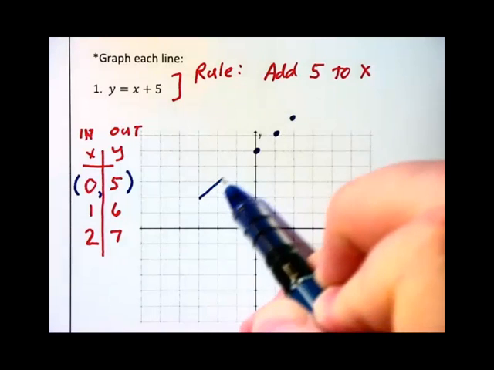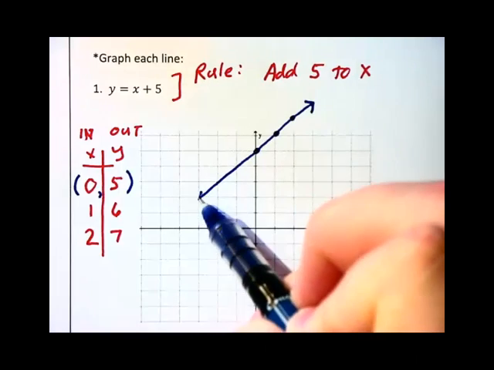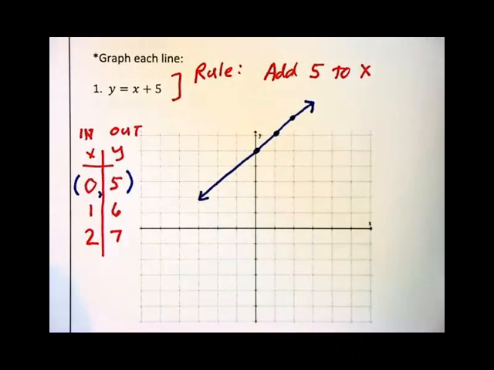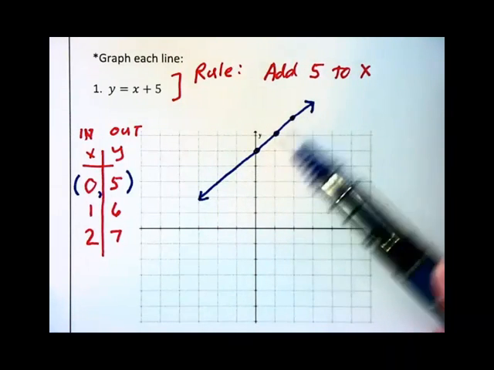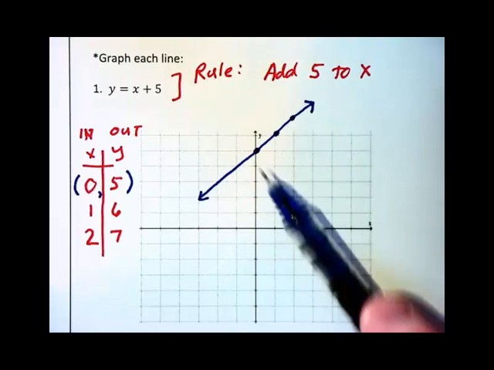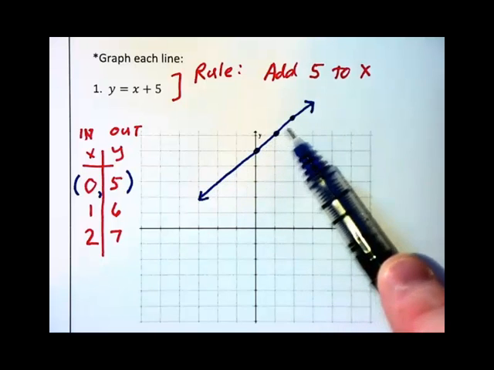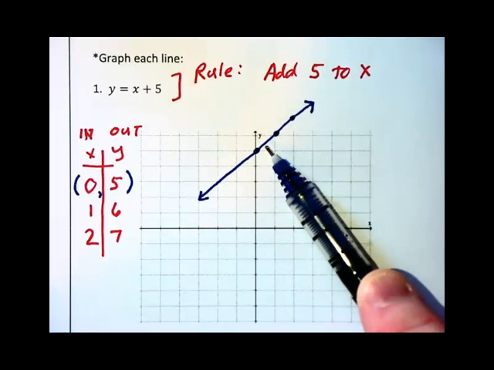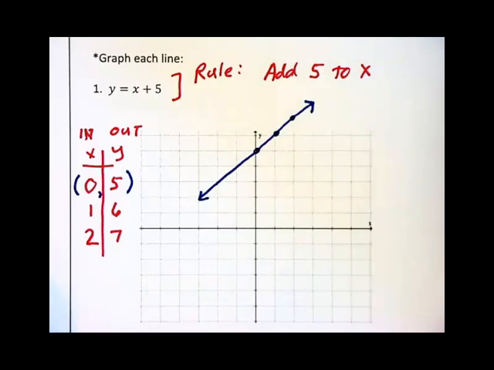At which point we're now going to play connect the dots, and we put arrows at the end saying this pattern continues. Now usually in class I ask people how many points are on this line, and I usually get the answer 3. And the true answer is 3 have been identified, but technically there's an infinite number of points on this line. You can identify 1/2, 5.5, 0.8, 5.8, etc.